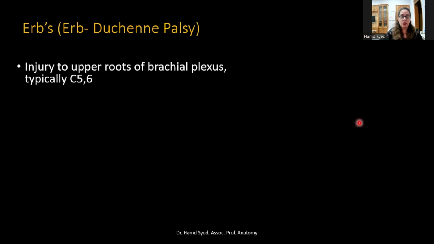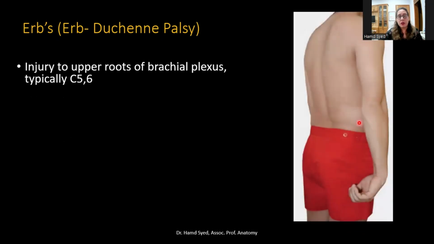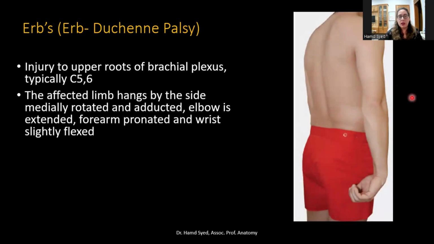In this case, the injuries are to the upper roots of the brachial plexus, like I told you, that is C5, C6, and there will be a characteristic position of the upper limb on the affected side. So in this case, you can see the affected limb is hanging by the side and it is medially rotated. The arm is medially rotated and adducted.